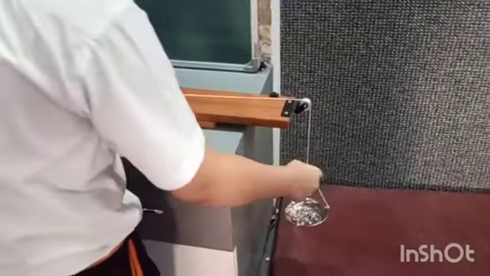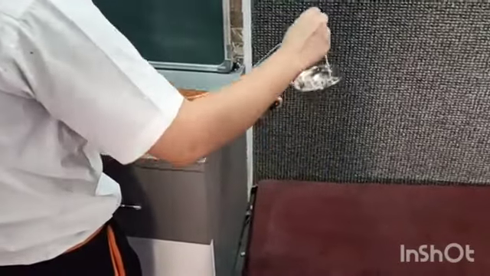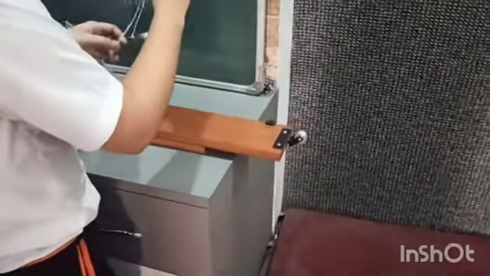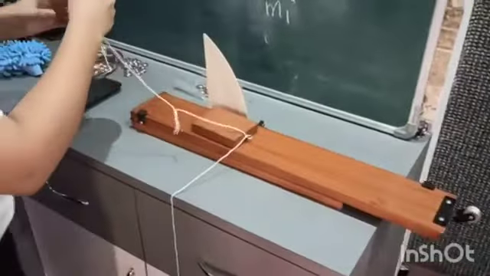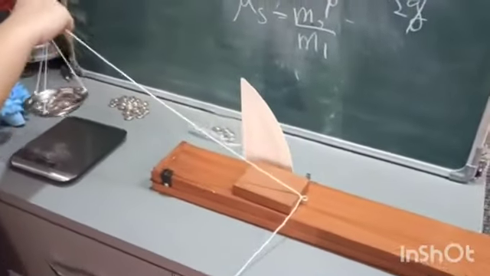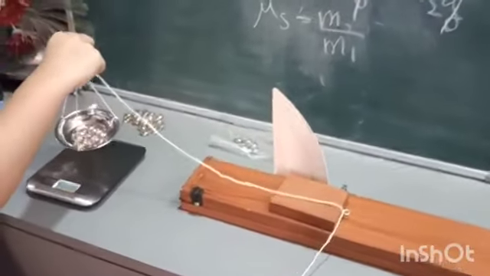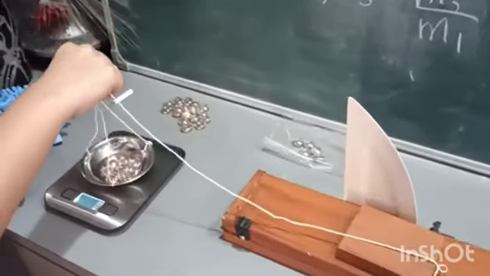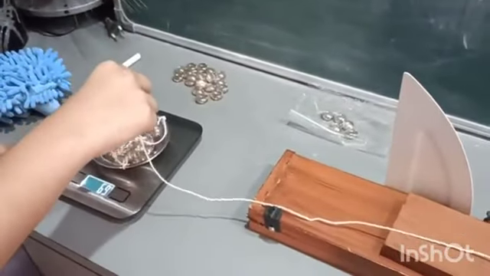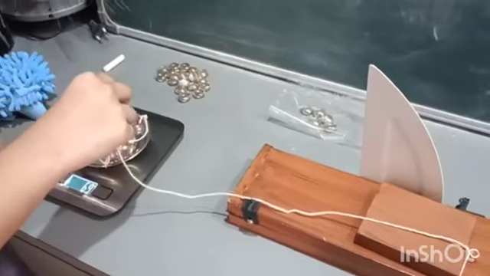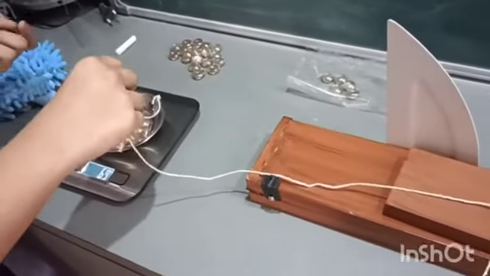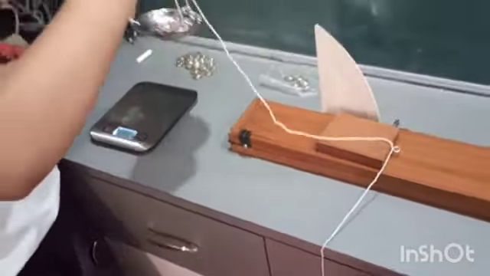So right now let me weigh this whole mass on my electronic mass measurer. The weight of this whole plate is 69 grams, so we'll approximately take it as 70 grams.